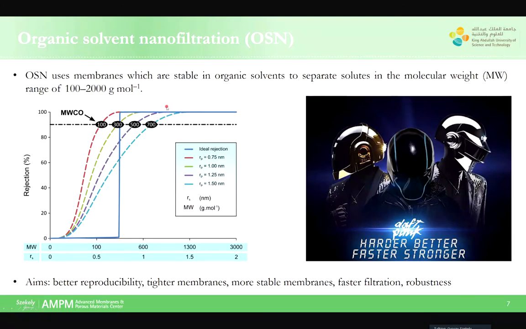And the objective of recent years of membrane research was to obtain membranes that are more reproducible, they are tighter, so they have a sharper cutoff at low molecular weight, they are more stable in extreme environments such as elevated temperature or high or low pH, or organic solvents including polar aprotic solvents, which are particularly harmful for polymer-based membrane materials.